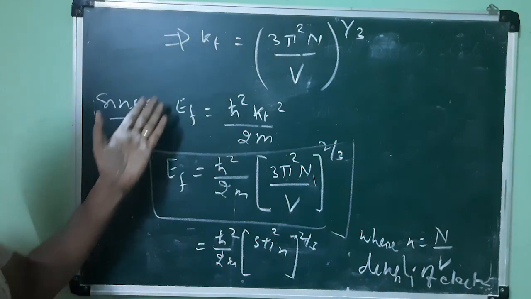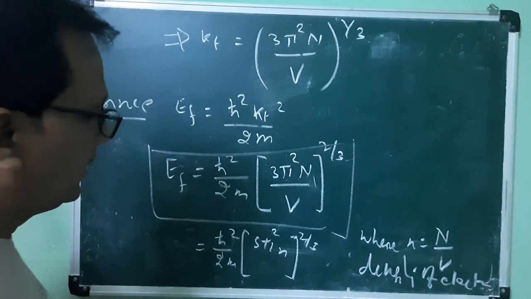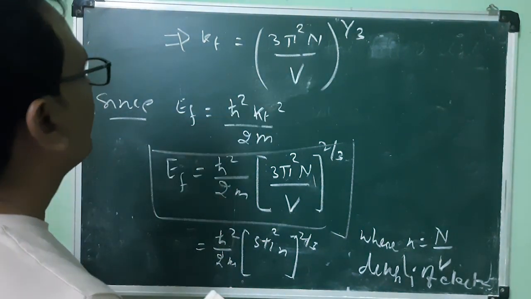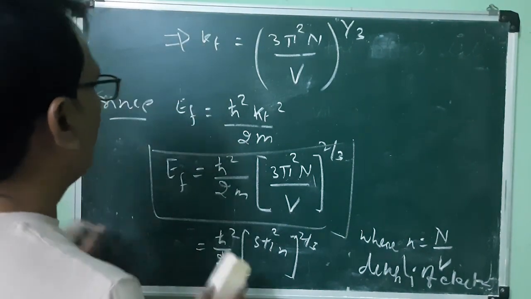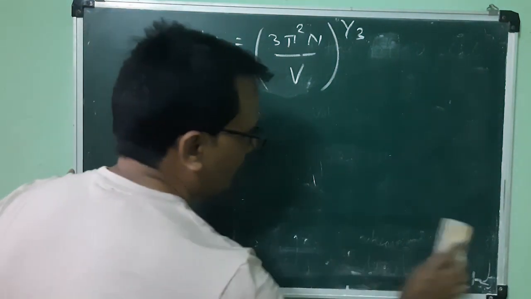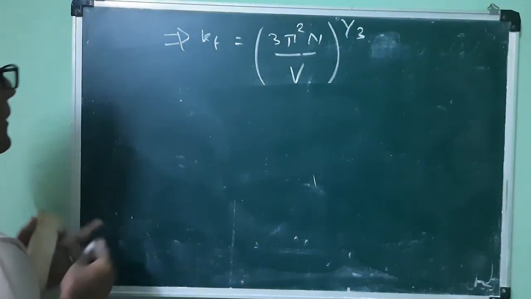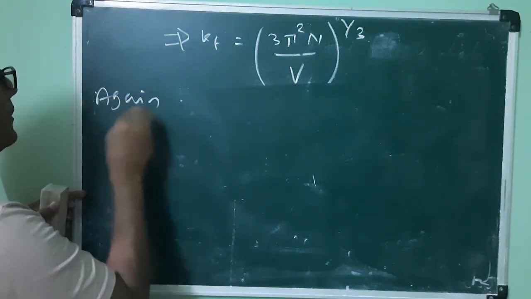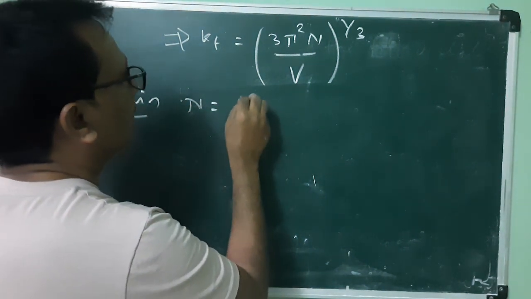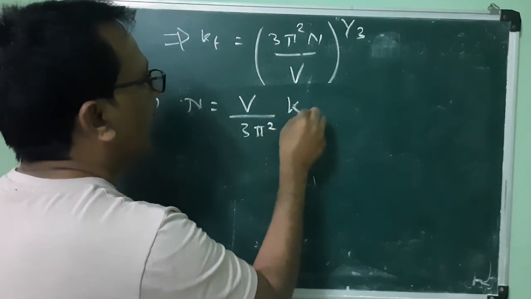So this is EF and this is kF, and now we have to finally calculate the density of states. For the density of states we need this n, and kF we can replace. So first let us have again that original value of n. Let us put n equal to V by 3π square kF cube.